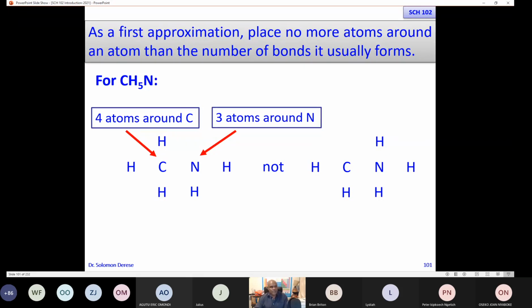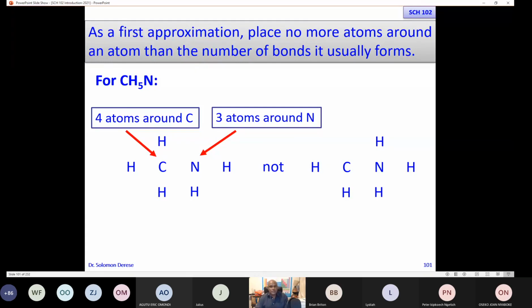But as a first approximation, when you try to figure out how the atoms are arranged, the first thing you need to try is to surround the atoms by no more than the number of bonds they usually form. So if it's carbon, it's surrounded by 4. If it's nitrogen, surrounded by 3. It is possible you can have nitrogen surrounded by 4. It's possible, like the ammonium ion, which you have learned in high school, is NH4+, where the nitrogen is surrounded by 4 hydrogens.